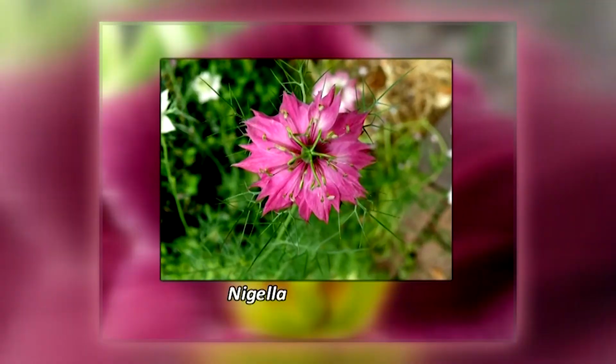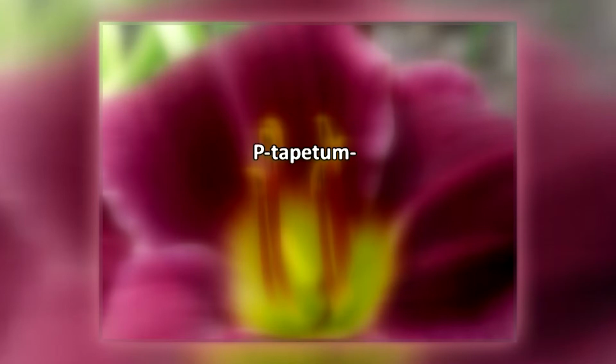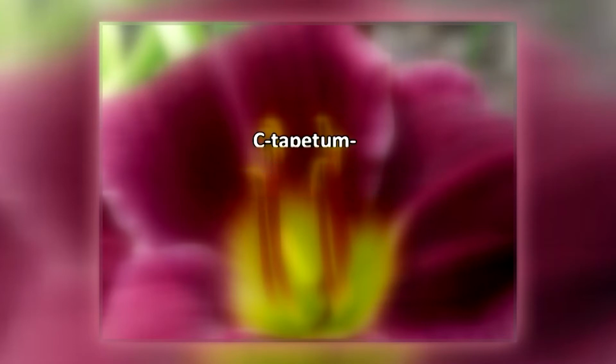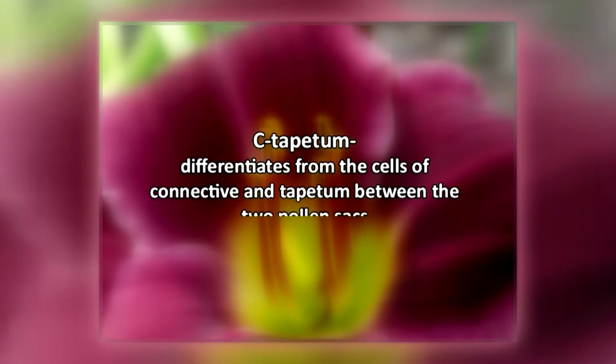For example, in Nigella damascena, the tapetum on the protuberant side of the anther, formed from the derivatives of the primary parietal cells, is called P tapetum, and on the connective side, where it differentiates from the cells of connective and tapetum between the two pollen sacs, is known as C tapetum. The cells of C tapetum are relatively larger than cells of P tapetum.